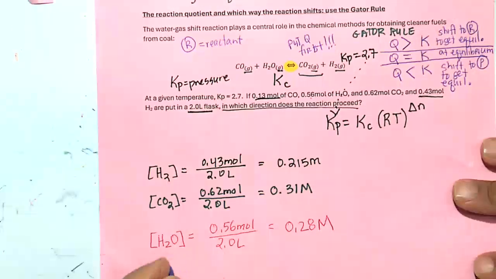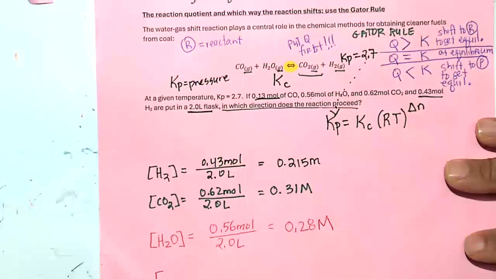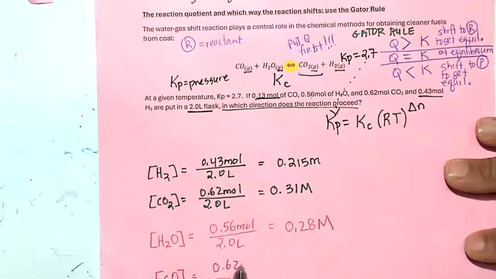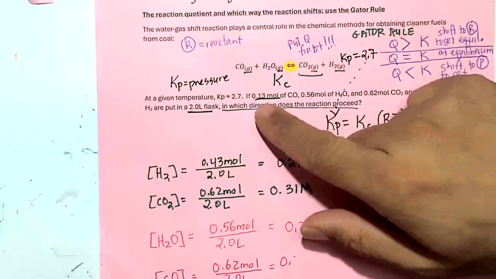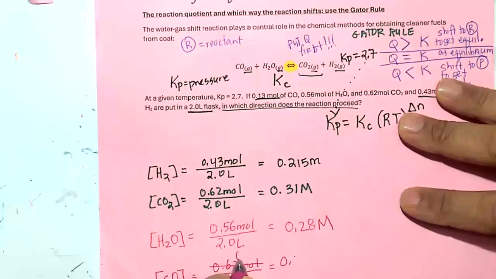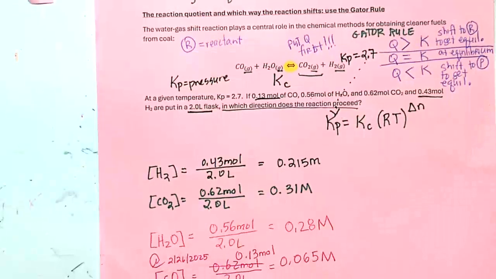And then finally, let's do CO. This is 0.13 moles divided by 2 liters, and this is 0.065 molar.